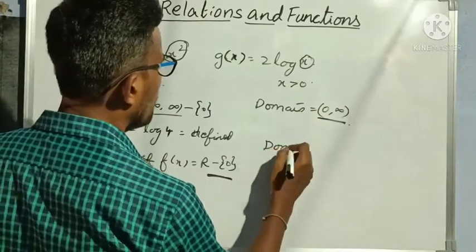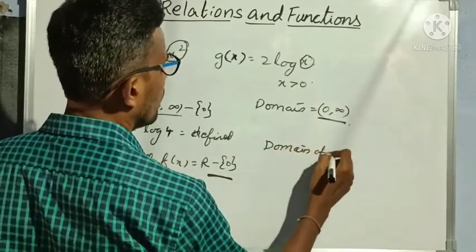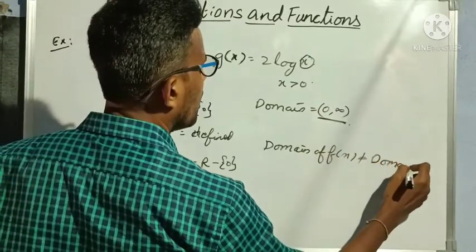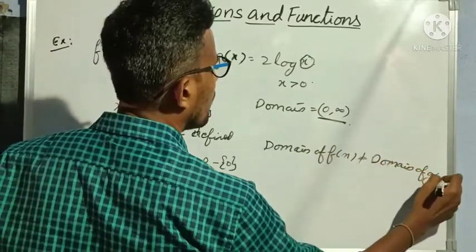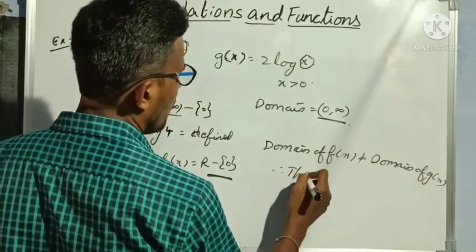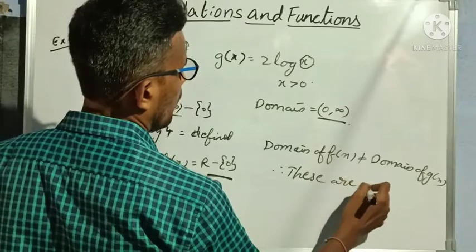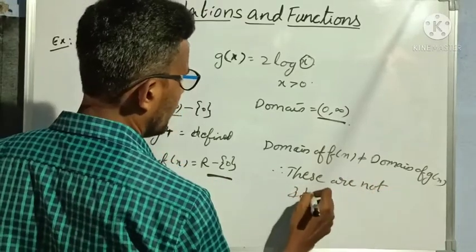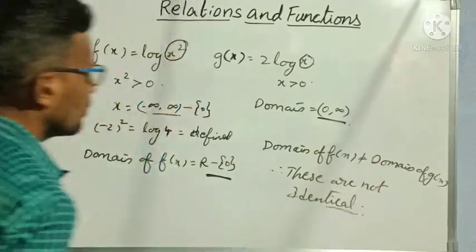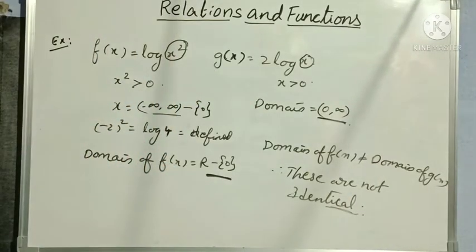No. So domain of f of x here also not equal to domain of g of x. Yes, therefore these are not identical. Understood? This is how we have to find out identical functions. Okay.